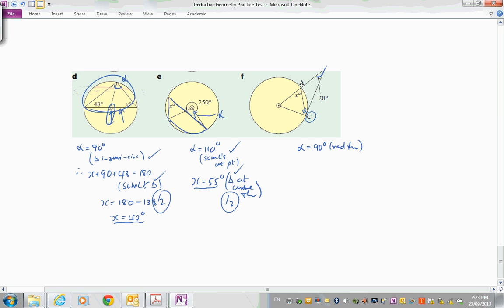Well, our 20 in there is going to give us an angle in here. What we can say there is that beta equals 180 minus 90 minus 20, or 70 degrees, sum of angles of a triangle.